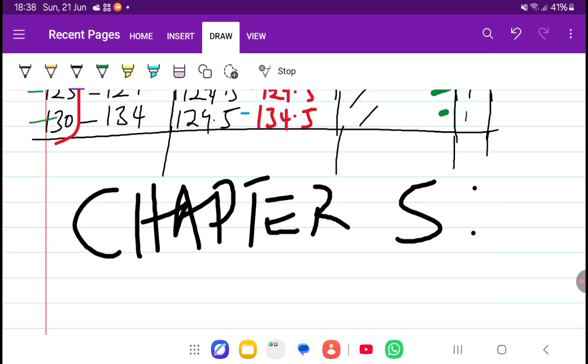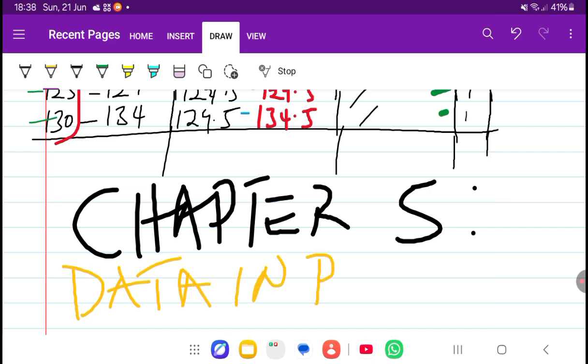So those are the things that we are going to look at. So this is all about data presented in pictographs, pictograms, charts, and then graphs.